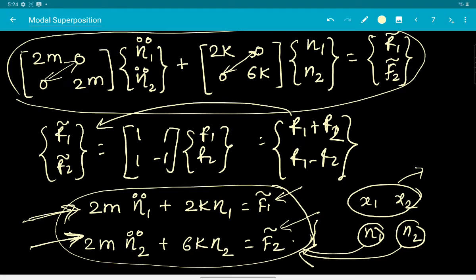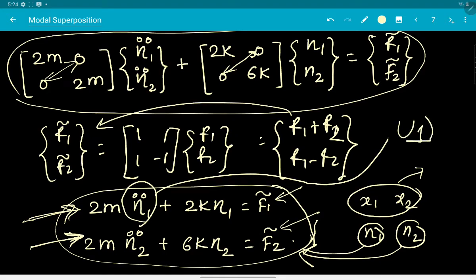Once you obtain the 10 mode shapes, you just have to transform whatever set of equations you have into a new coordinate system. Rather than being in x1, x2, now you are in eigenspace. This is called eigenspace. This eta 1 tells you the contribution of mode number 1, u1, in determining x1 and x2.